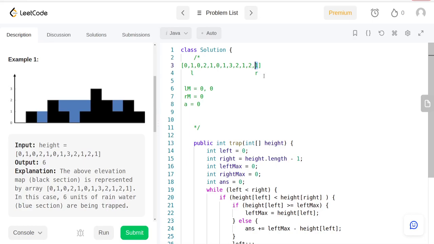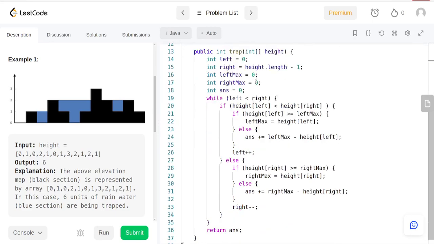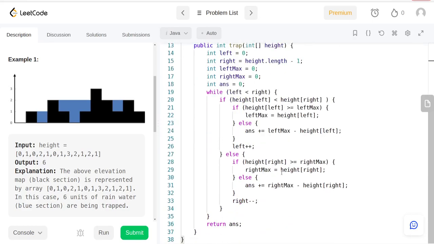No, they are equal. This time we're only going to process the right hand side, and we don't want to change anything on the left. So for the right one, is it equal or greater than the right max? Yes, it is greater than the right max you have seen so far. So that's going to get updated, and we're going to decrement the right pointer, as you can see over here.